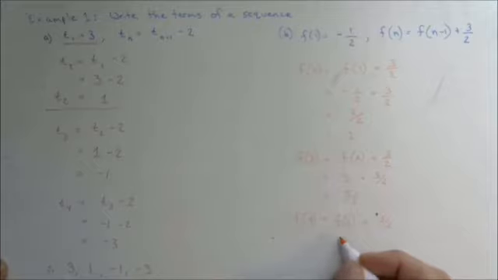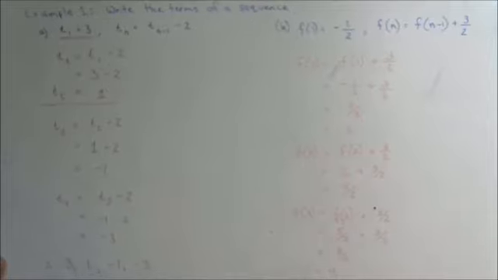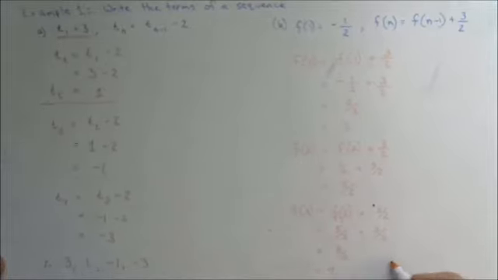See if you can beat me to it. 5/2 plus 3/2 is 8/2, which is 4. Therefore, the first four terms are -1/2, 1, 5/2, 4.